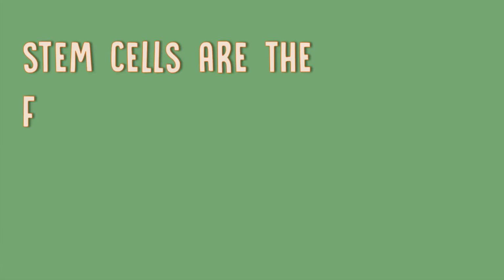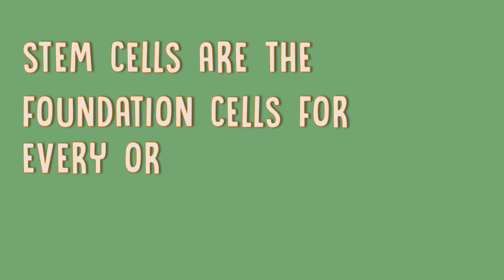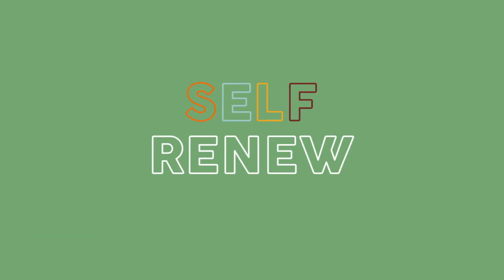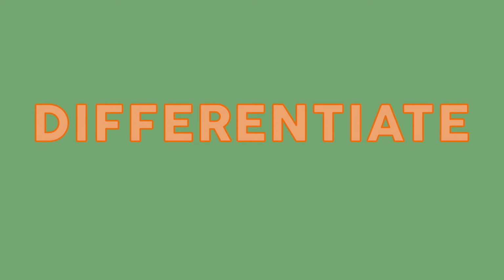Stem cells are the foundation cells for every organ and tissue in the body that is capable of unlimited division. This has two key properties. One is the ability to self-renew, dividing in a way that makes copies of themselves. Two is the ability to differentiate, giving rise to the mature types of cells that make up our organs and tissues.